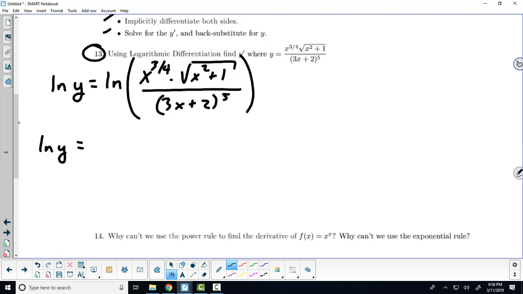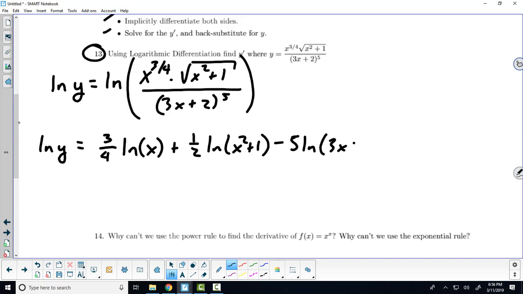The 3/4 that's inside there can come out as a factor by my properties of logarithms. So I can break up this whole expression, and you do want to practice doing this in probably one step, as 3/4 the natural log of x plus 1/2 the natural log of x squared plus 1 minus 5 natural log of 3x plus 2.